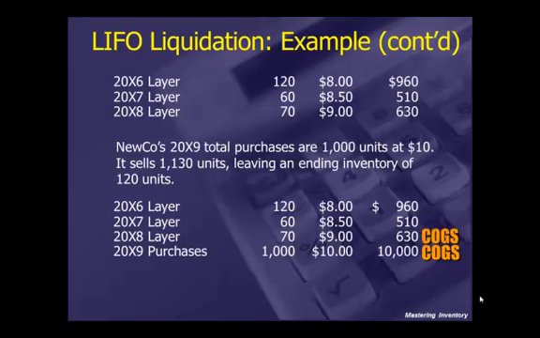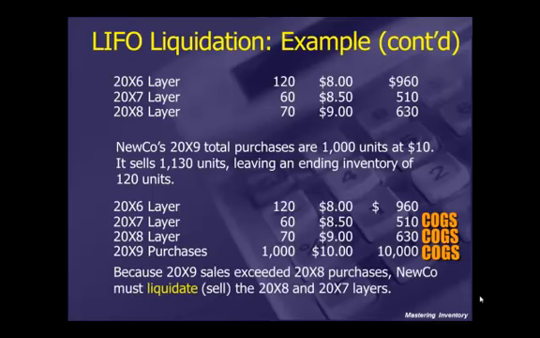Well, let's go into the 2008 layer, and 70 units there are going to be sold. Well, we still need more. We need to go up into the 2007 layer, and we're selling off those 60 units from 2007, leaving only the 2006 layer, the 120 units, for our ending inventory.